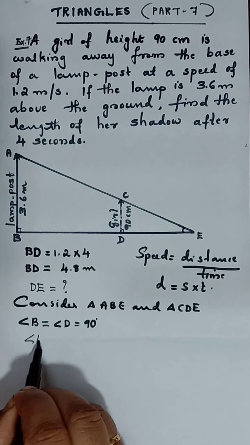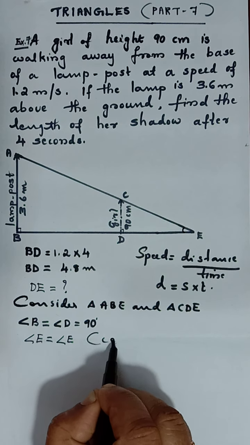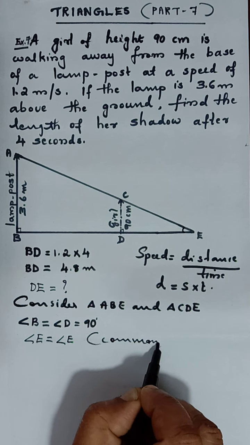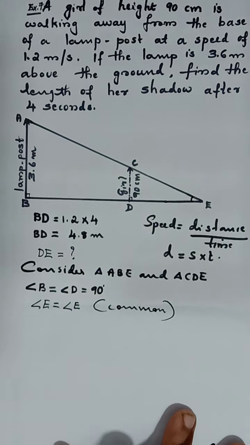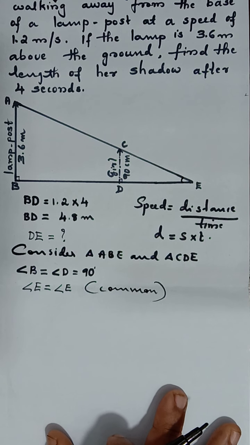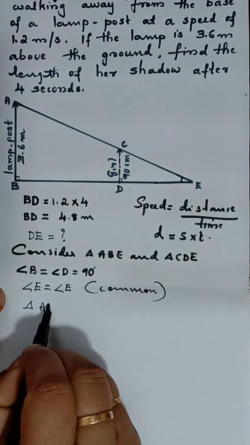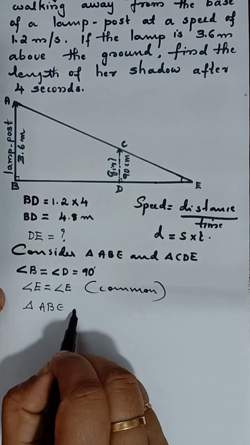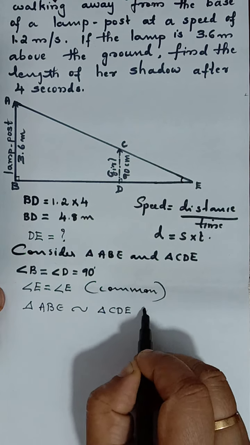Also angle E is equal to angle E, common for both of them. Therefore, these two triangles are similar. We can say that triangle ABE similar to triangle CDE.